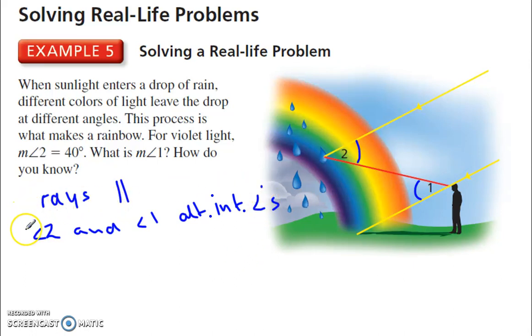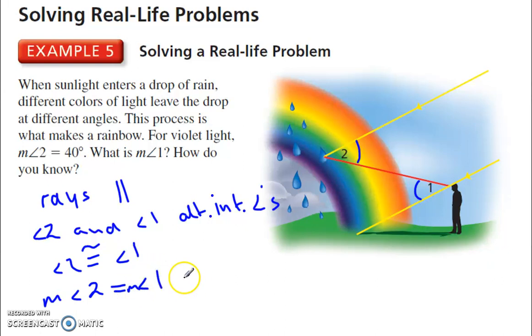Since the lines are parallel, angle 2 is congruent to angle 1 because alternate interior angles, so the measure of angle 2 is equal to the measure of angle 1. That is the definition of congruence, and so the measure of angle 1 is 40 degrees.